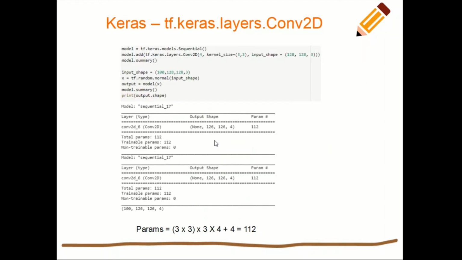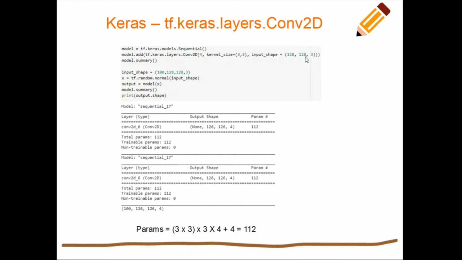Okay, so this is one of the code samples that we have. What's happening here is we have a kernel size of 3 by 3. We are applying 4 filters, and the input shape is 128 by 128.